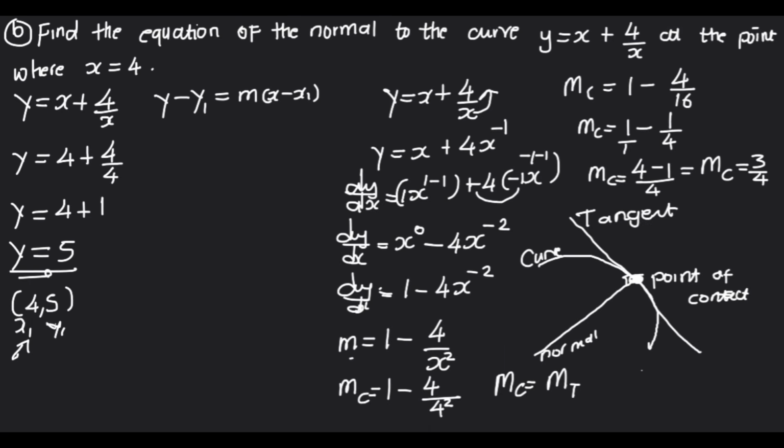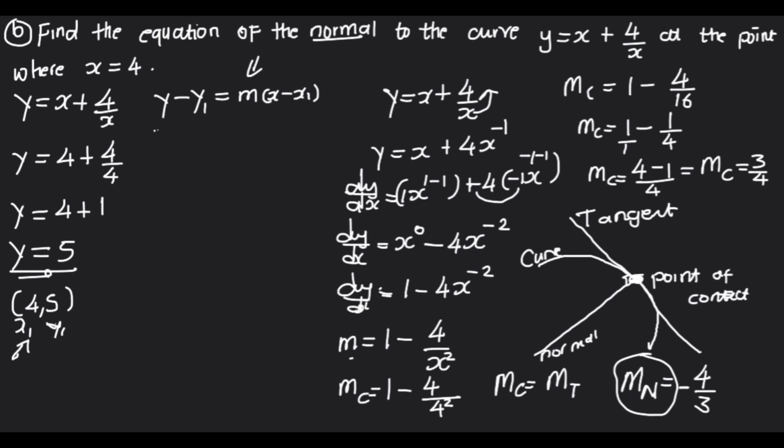So for the normal, we are going to say gradient of the normal, it is just the reciprocal of the gradient of the tangent. So we are going to flip the fraction. So this will give us 4 over 3. Then you change the sign. If it's positive, you need to make this one negative. If it's negative, you need to make it a positive. So that is the pattern. So this is now the gradient that we are going to use here, since we are looking at the normal.